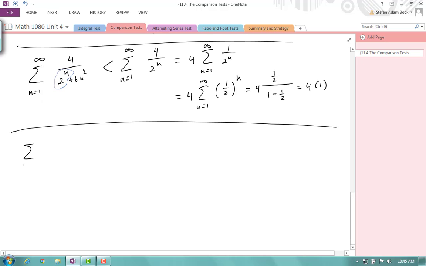But sometimes I need to study what I have and strictly face towards a certain goal. This series, for example, I have an n over an n squared, and I've got some extra constants added on, or maybe some other stuff. So I would expect comparison to n over n squared, or 1 over n.